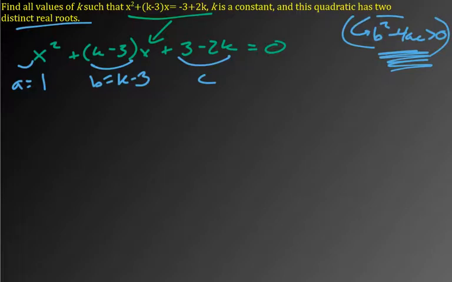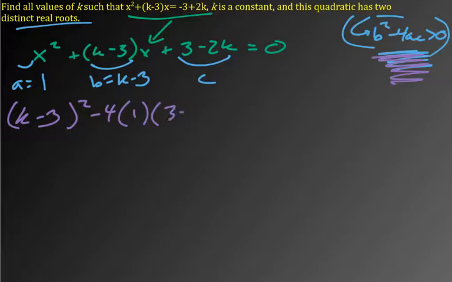So then I go to my b squared minus 4ac over here, and I'm just going to plug everything in. And then got to crank through a bunch of this algebra, so we're going to have to square this thing, which we would get k squared minus 6k plus 9.